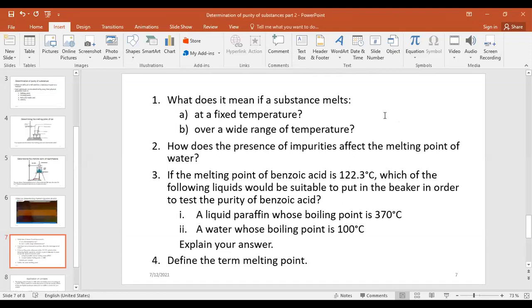For us in group 3, for number 1, we discussed that part A is a pure substance, and part B is impure.